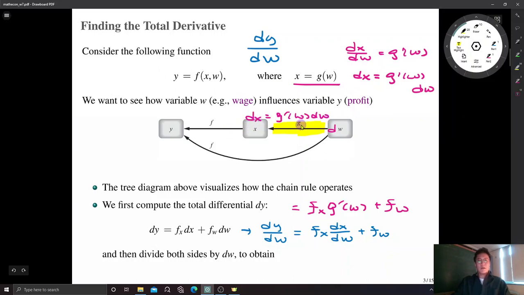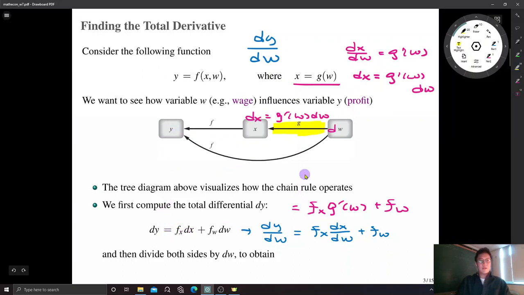All right. Now we go back to the total differential. So now dw affects y as much as f sub w dw. All right. And then change in x affects y as much as f sub x dx. Okay. So total differential is going to be the sum of this.